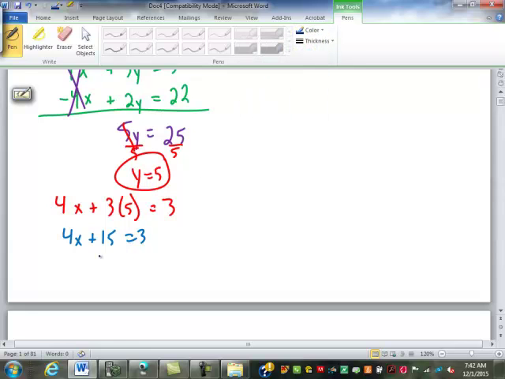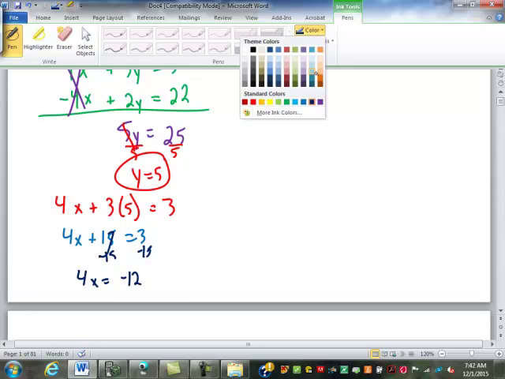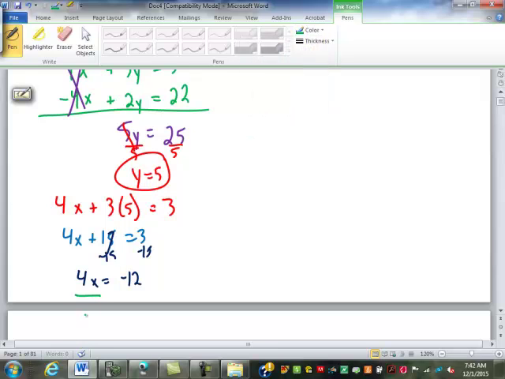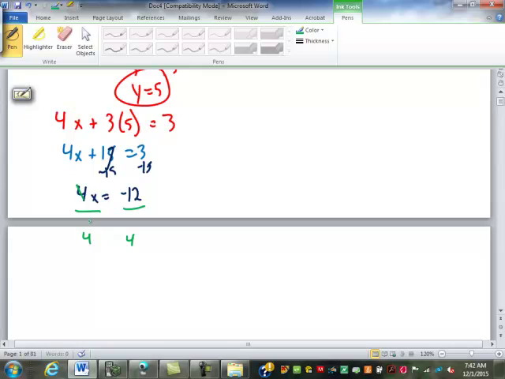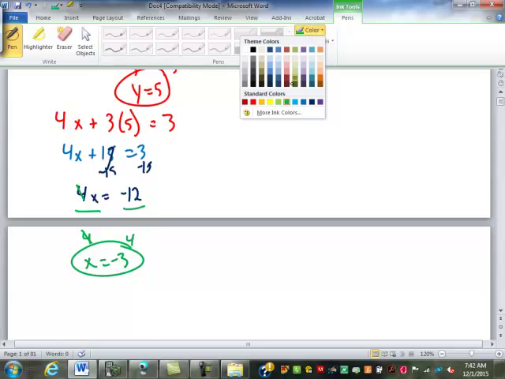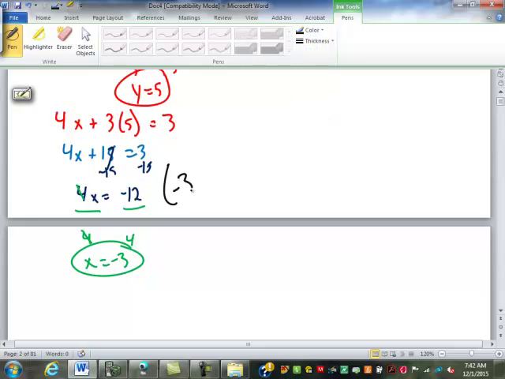We subtract 15. 4x equals a negative 12. We divide by 4. X equals negative 3. So we have negative 3 comma 5.